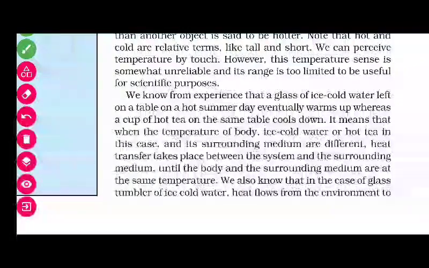Okay, so there is a system, like in the case of that ice cold water, that is our system, and then what is elsewhere around it is the surroundings. So whenever there is a difference in temperature, heat starts flowing between the system and the surroundings.